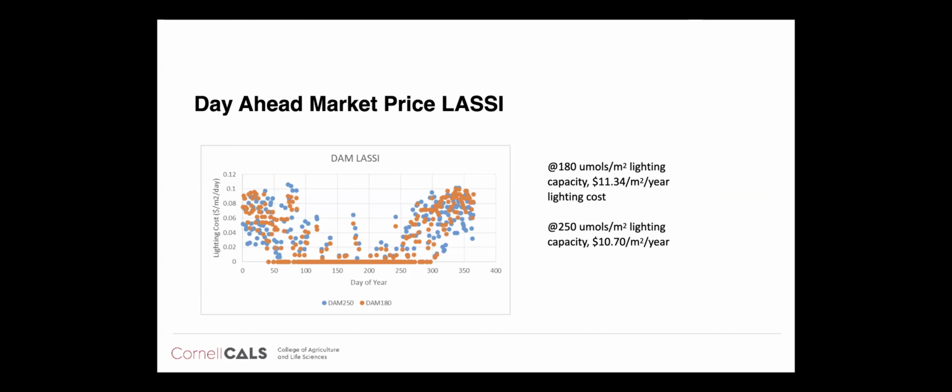This will vary very significantly depending on where you are, because prices are all over the place for your location too. It's not as simple as on and off peak pricing. This was for a particular year in Ithaca, and there wasn't that big a difference. So, maybe next slide.